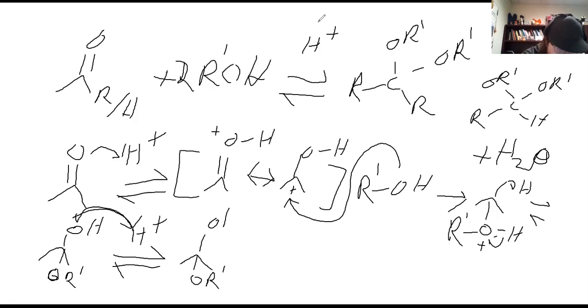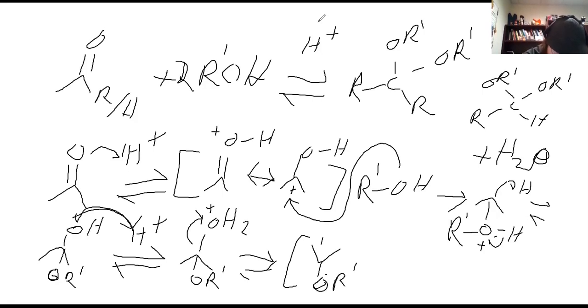intermediate. There's OH2 plus, so that's going to come off. And then we have our transition state again, our carbocation, which can transition between that and the form where the positive is on the oxygen.